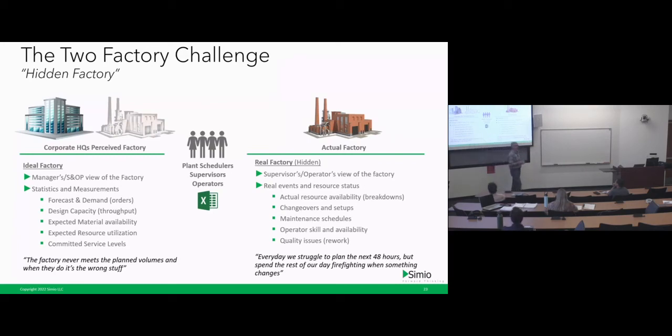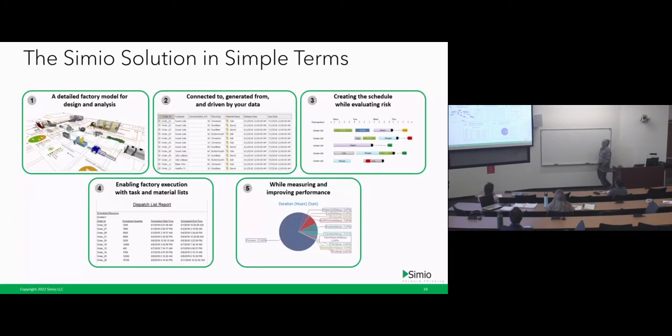So rather than using things like rated throughputs or this general notion of design capacity, you can use actual capacity in response to actual sales orders, purchase orders, production plans, or however you're planning your production, so that you don't have this chasm between what one group thinks the factory should be able to do and what the other group knows the factory can actually do once it sees the specific plans. He referred to this as the hidden factory or the two-factory challenge. And then he talked about the Simio solution in simple terms, five simple steps.